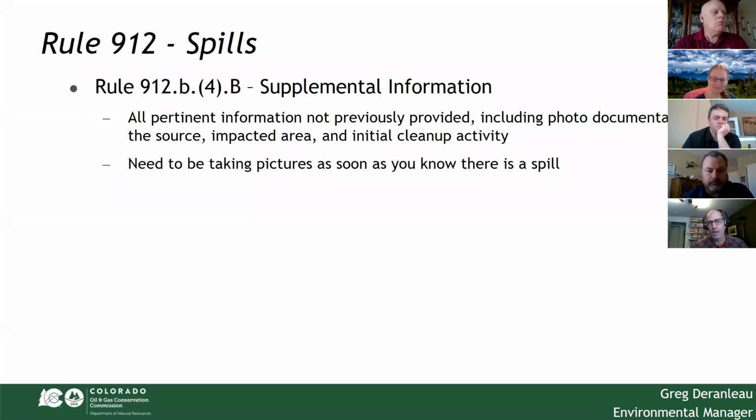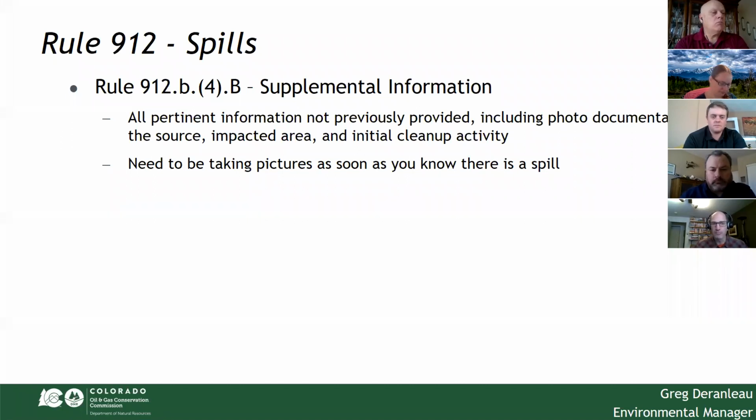So I wanted to talk about some spill and remediation reporting requirements. It's not quite just timing. The first slide here addresses questions that we've gotten from numerous operators about the requirements for supplemental information on a Form 19 supplemental.